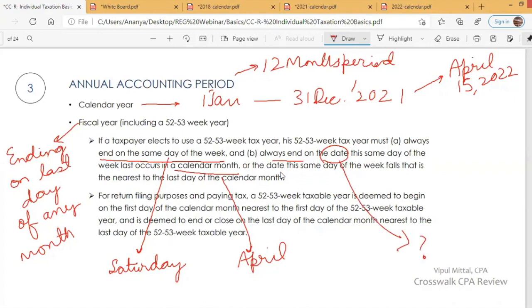It always ends on the date this same day, that is Saturday, of the week last occurs in the calendar month. My question is, on which date Saturday last occurs in April?